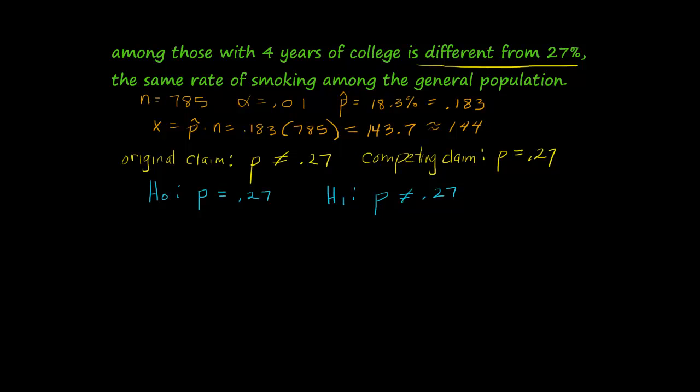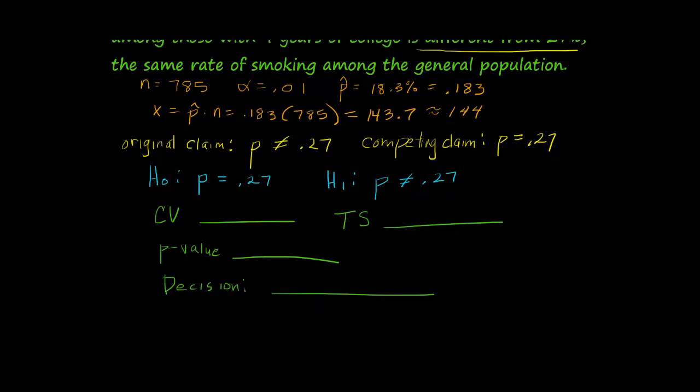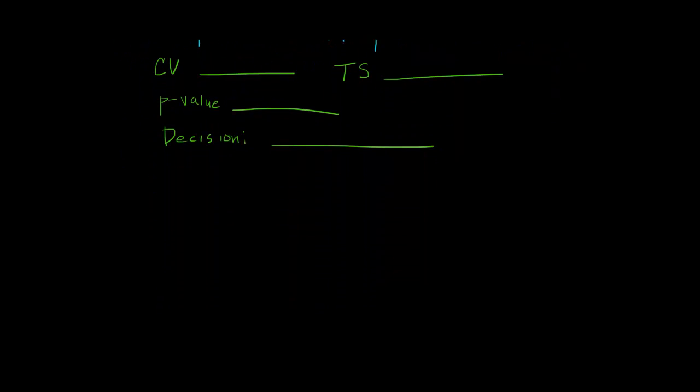Okay, so let's remind ourselves we will be finding a critical value using inverse norm, a test statistic from the calculator, and a p-value from the calculator. We'll make a decision using all that information in our decision diagram. Okay, so let's see what that decision diagram is going to look like.